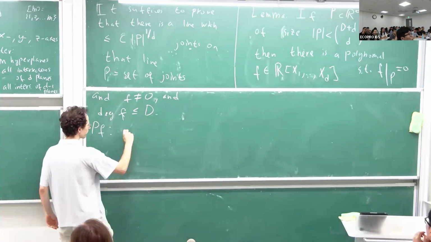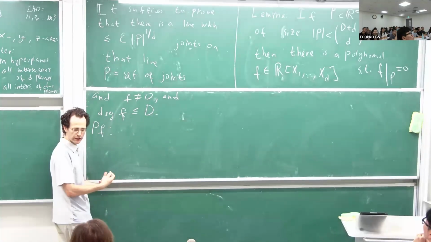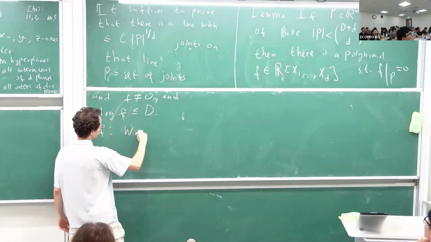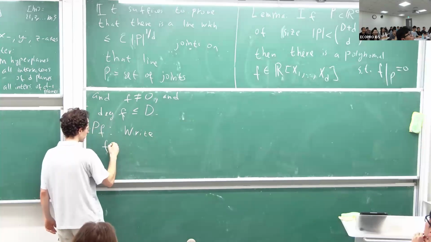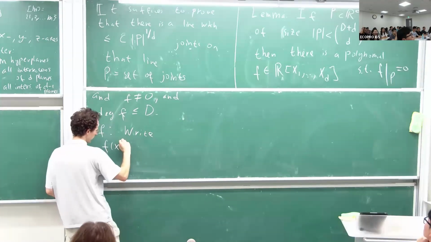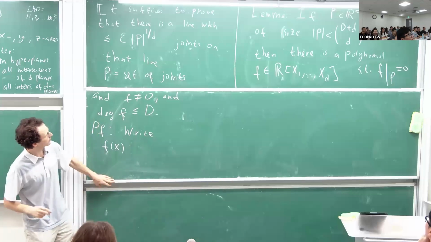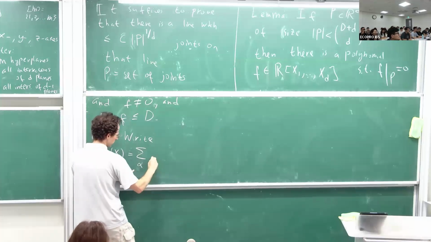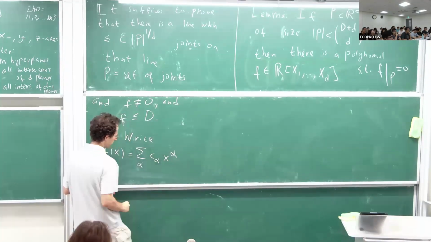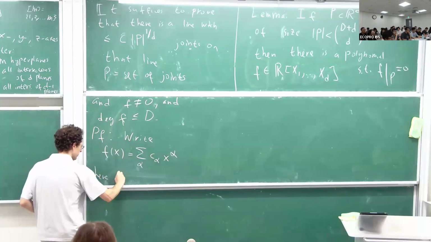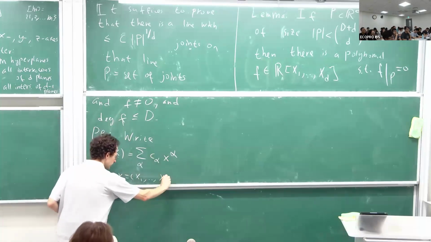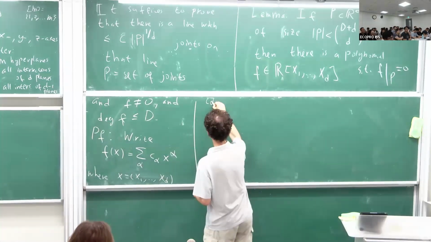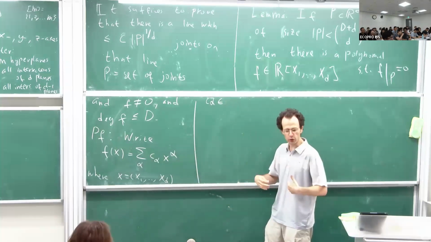I'm going to need some notation to write the coefficients of this polynomial. So I'm going to write f of x. x is a vector of indeterminates, as the sum of c alpha x alpha. c alpha are some real numbers which we want to find.